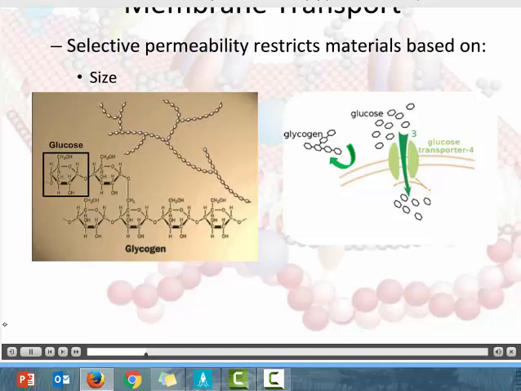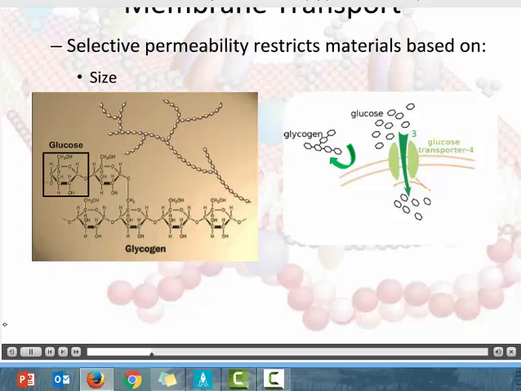It is a string of glucoses, and that glycogen is not going to be able to pass across the membrane. But something much smaller, like glucose, just 1 6-carbon ring, that is going to be able to cross some of our cell membranes. So we can restrict movement based on size.